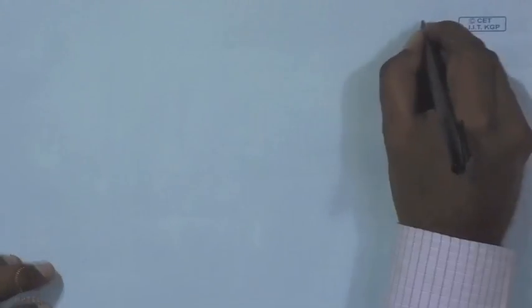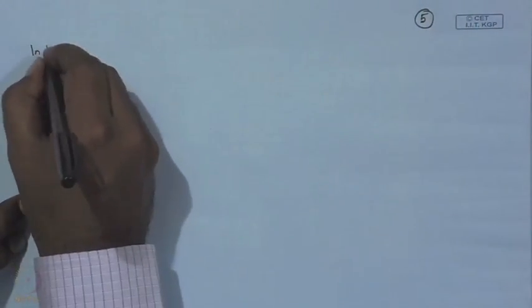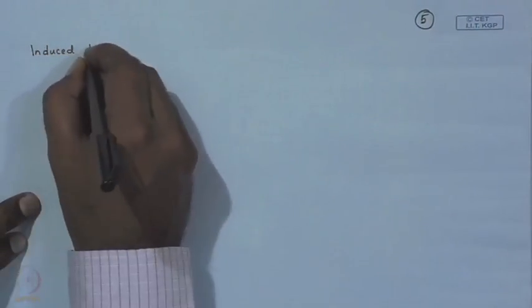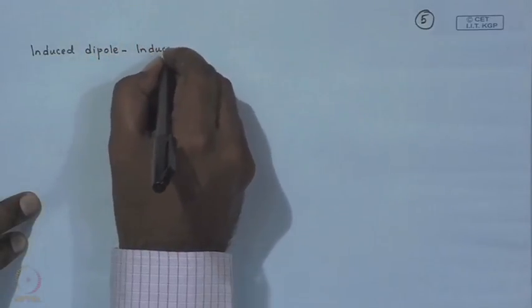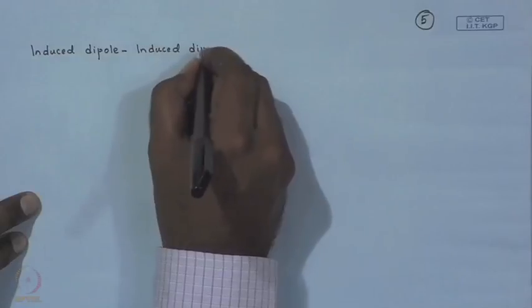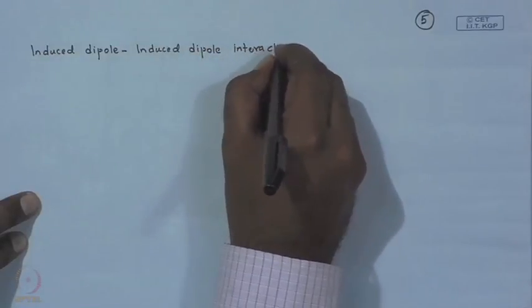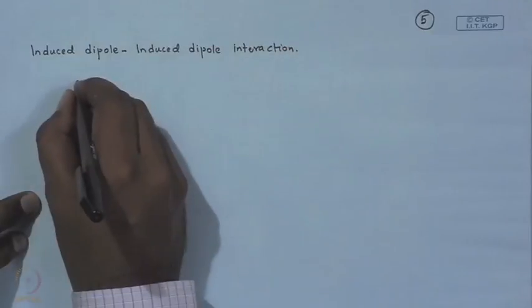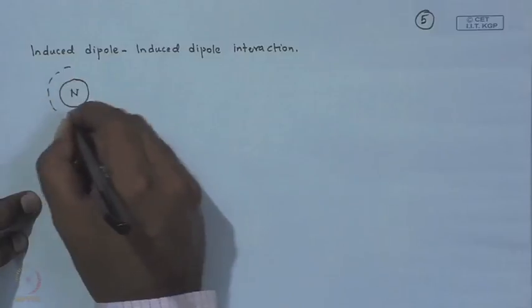The third type of interaction, of course, is the induced dipole interaction, which we have already talked about. It is the most generic form.